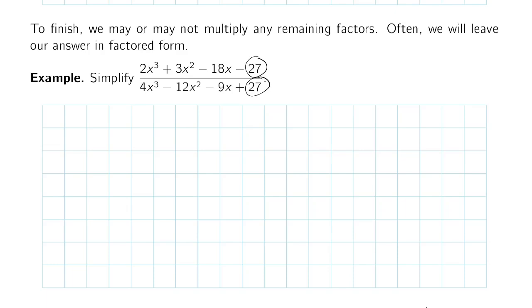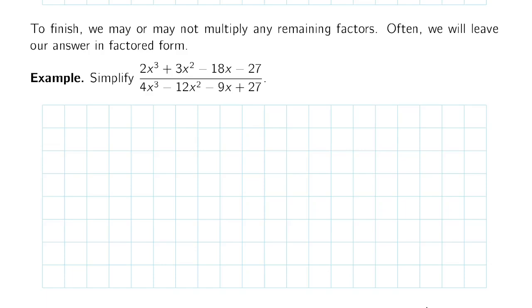You can't. You cannot cancel shared terms because addition and division aren't inverse operations the way that multiplication and division are. Those 27s might be a hint that we're going to see some common factors, but for now, we can't touch them.